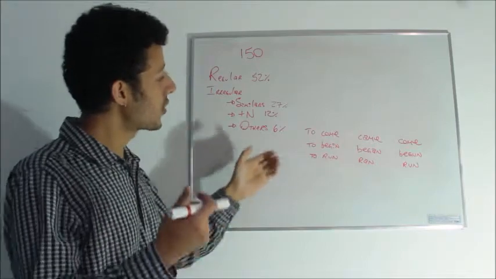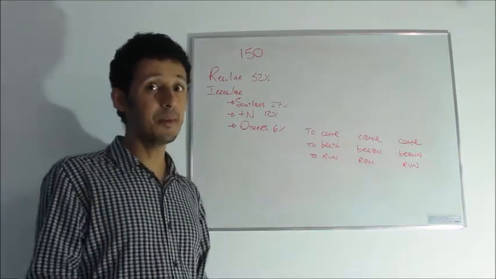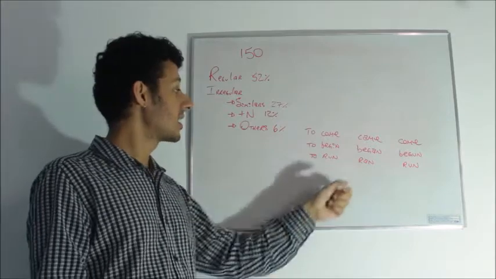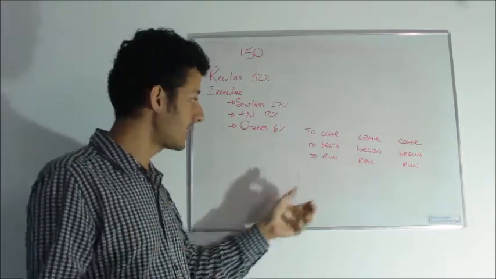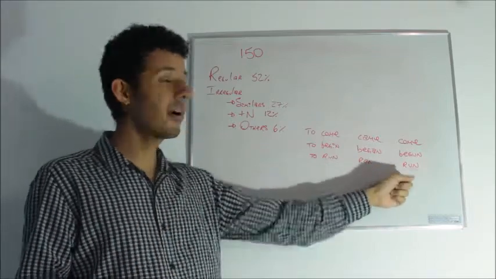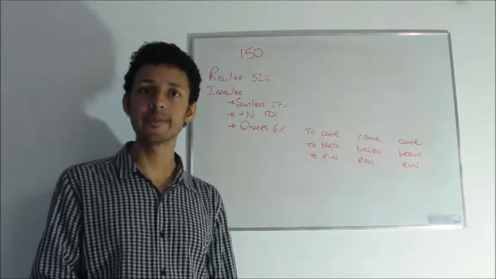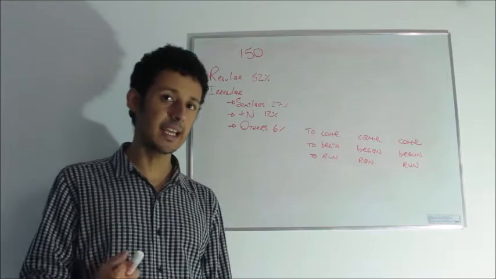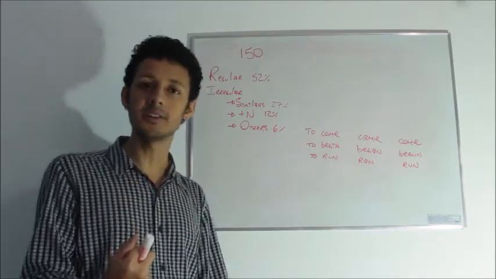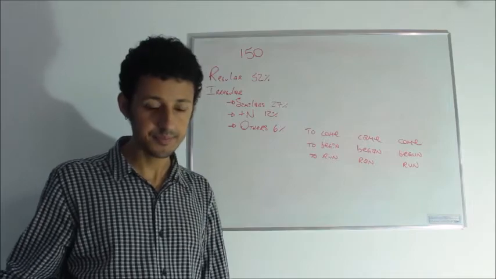Okay? To run has the same idea of the verb to come. So I run, to run is infinitive, past tense ran, and participle run. Again, it is similar to the present and not to the past.